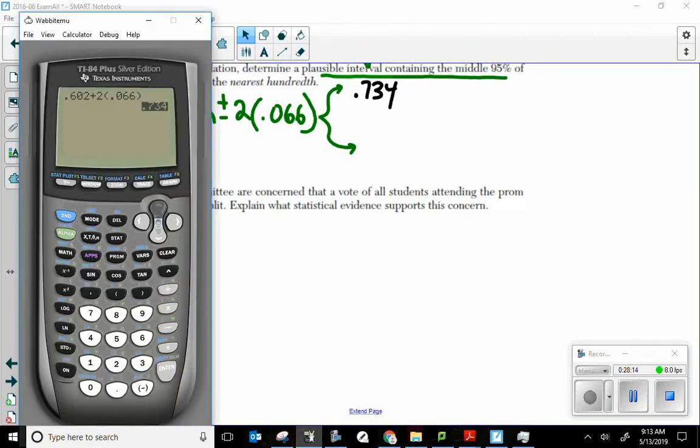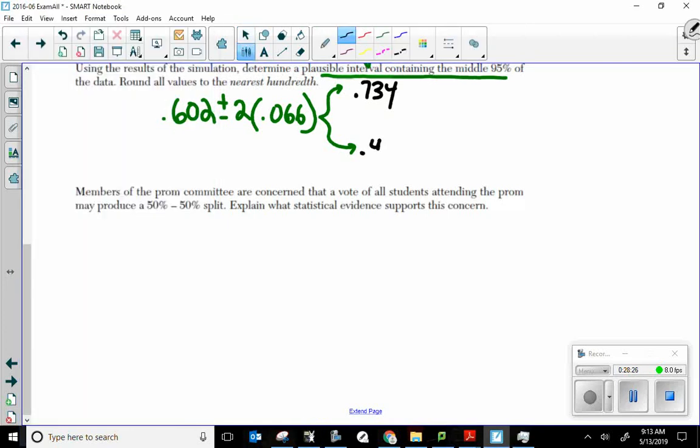I'm going to come up here, hit enter, and I'm just going to change this to a minus, because now I need to subtract that. Not a negative sign, a minus. And it's 0.47. Now, my plausible interval, if you write this from 0.47 to 0.734, how come you will get that wrong?